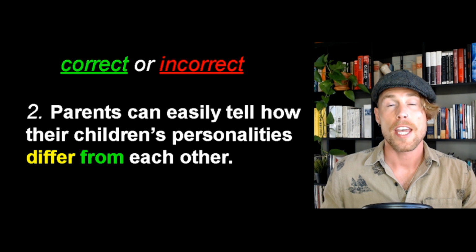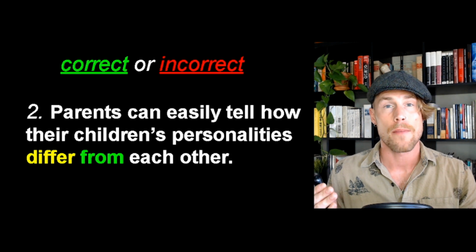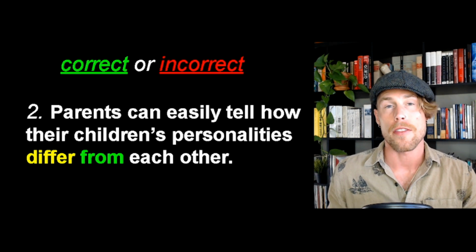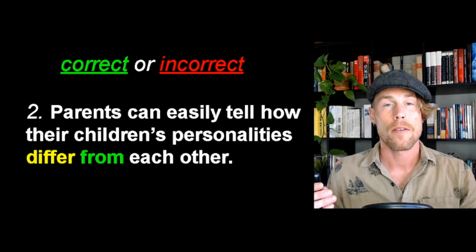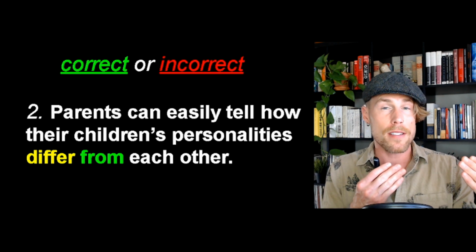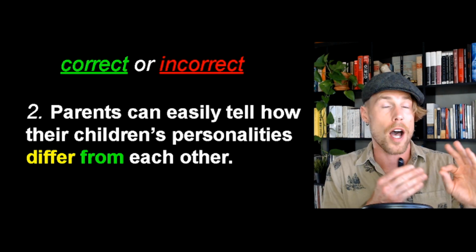Number 2, parents can easily tell how their children's personalities differ from each other. Correct or incorrect? Again, think, are they different? Are they not like each other, not the same?